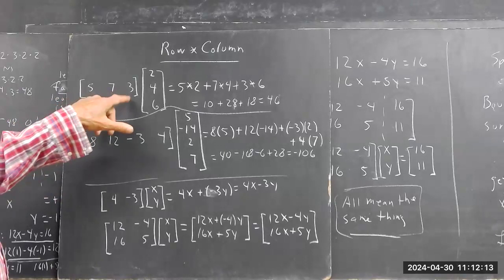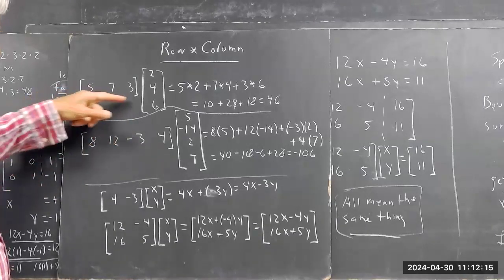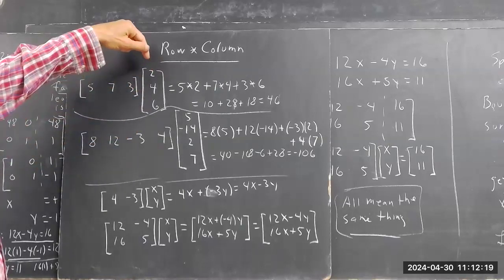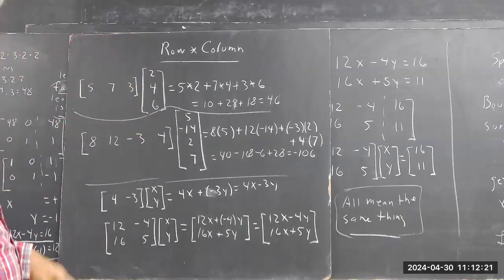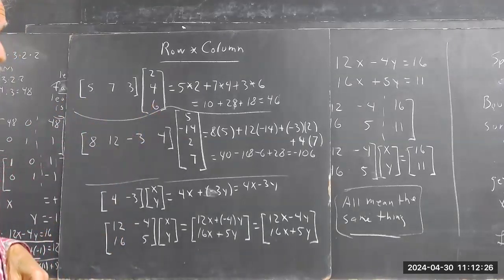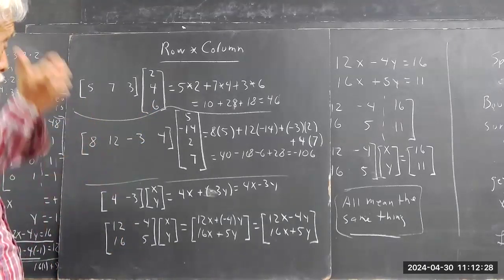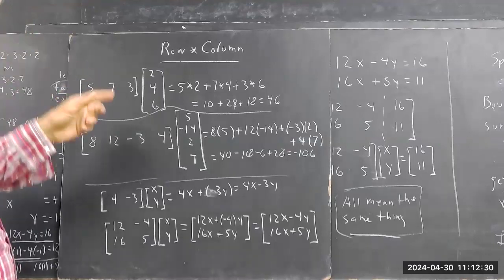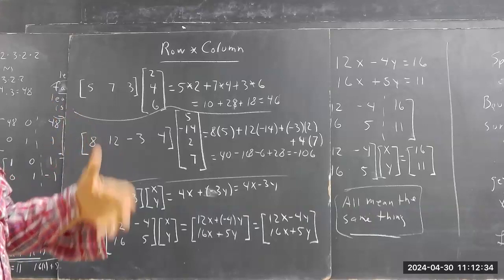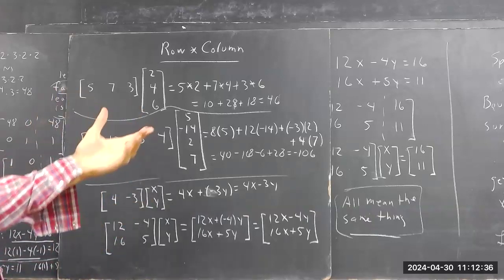The 5, 7, 3 is a row. It's in brackets. Put brackets around a column of 3 numbers. And I've got a row times a column. This is important, I didn't mention it in the support class: the row and the column have to have the same length. They have to have the same number of numbers so you can match them all up.